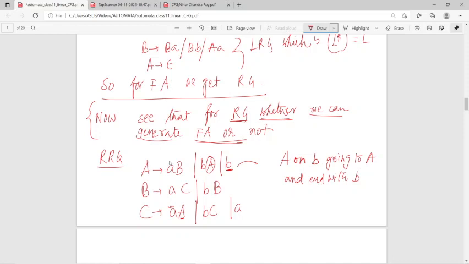So from that we can say that A is the corresponding final state. A is the final state.